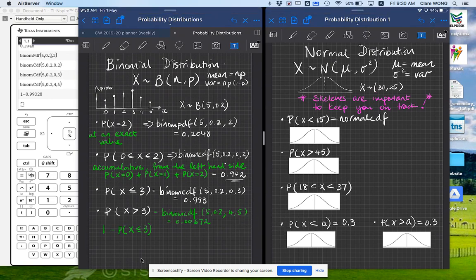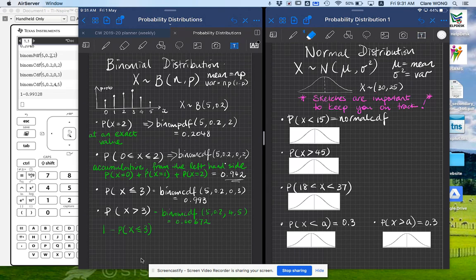Next, let's take a look at the normal distribution. The random variable x follows the normal distribution with the parameters mean and sigma square, the variance. I'm going to make use of this example.